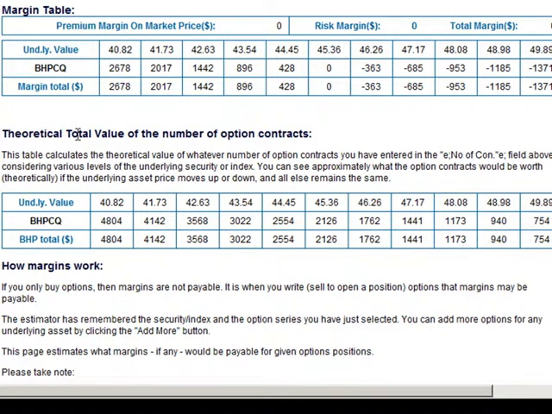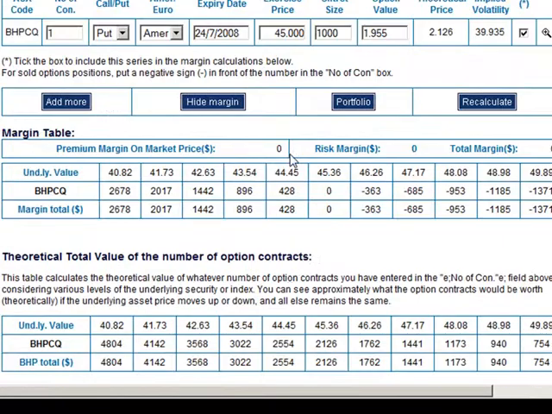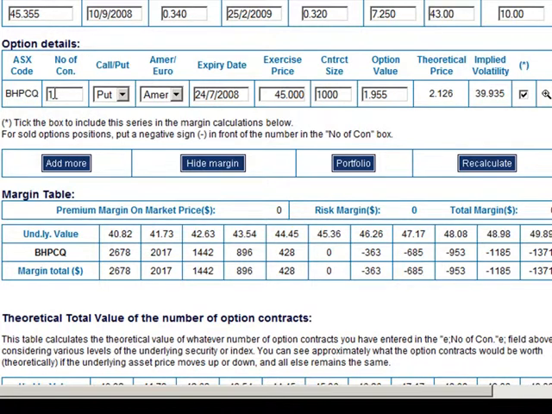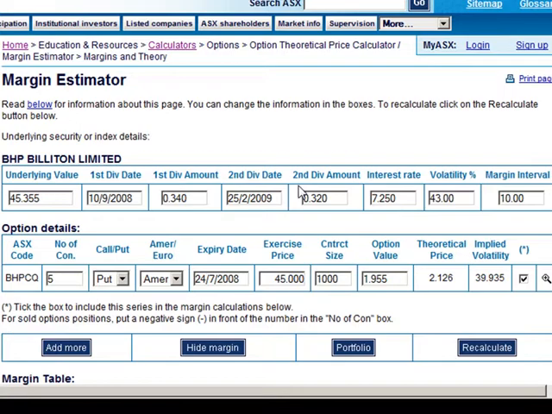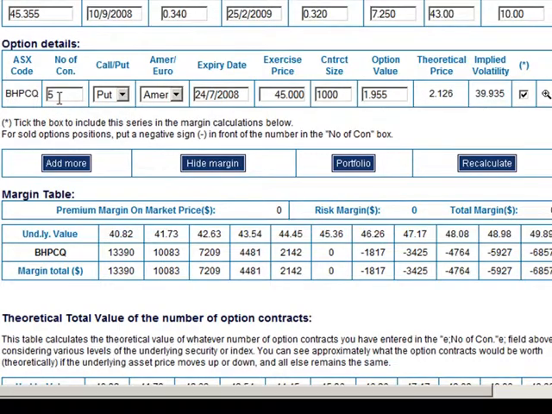So this is the theoretical total value of the number of option contracts. What you can do here is put in how many contracts you'd like, and it will work out the margin that you'll need for those. So say if I change this up here to 5 and go recalculate. Effectively I'm wanting at the moment to sell 5 BHPCQ puts at a $45 strike price.